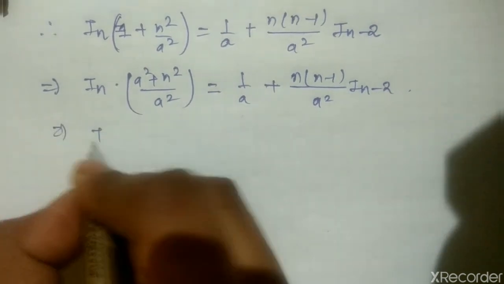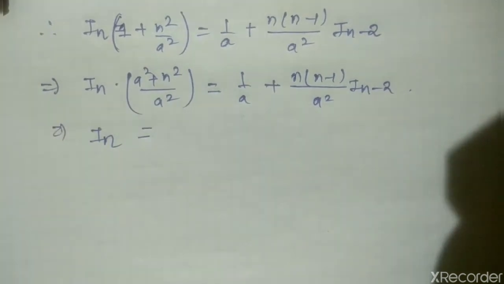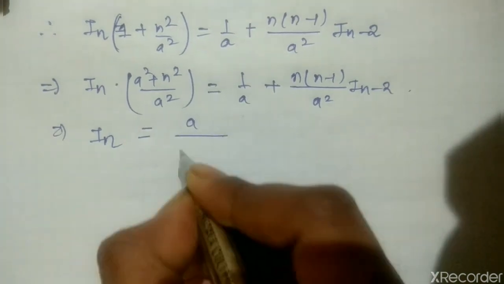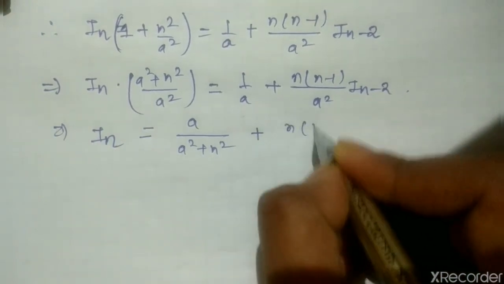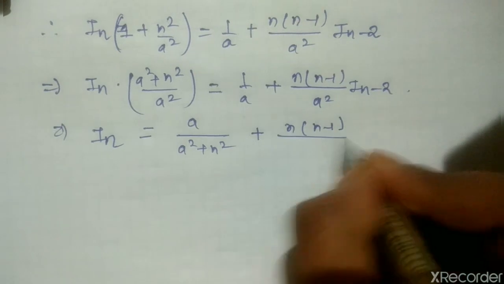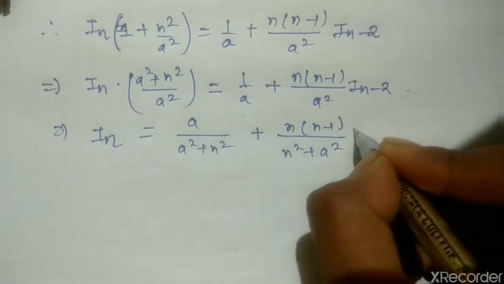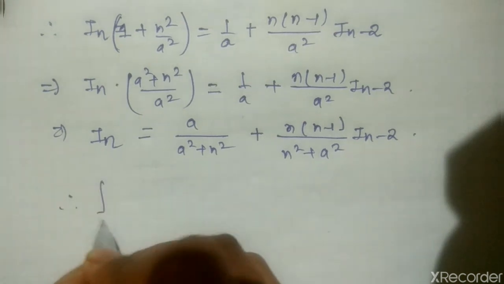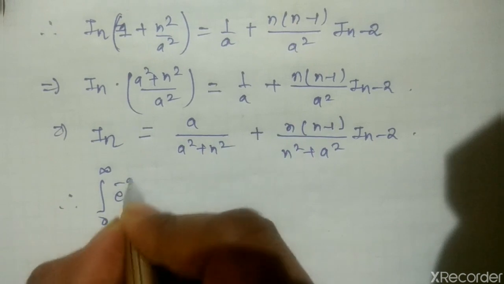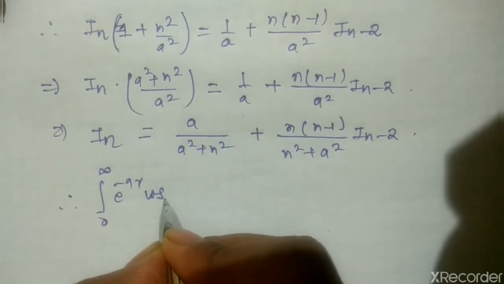And this will give the value of In as, so we'll write here In is equals to a divided by a square plus n square, and then plus n into n minus 1 divided by n square plus a square I n minus 2, right? Therefore, the value here we get for the reduction formula is, integral from 0 to infinity e to the power minus ax cos nx dx.